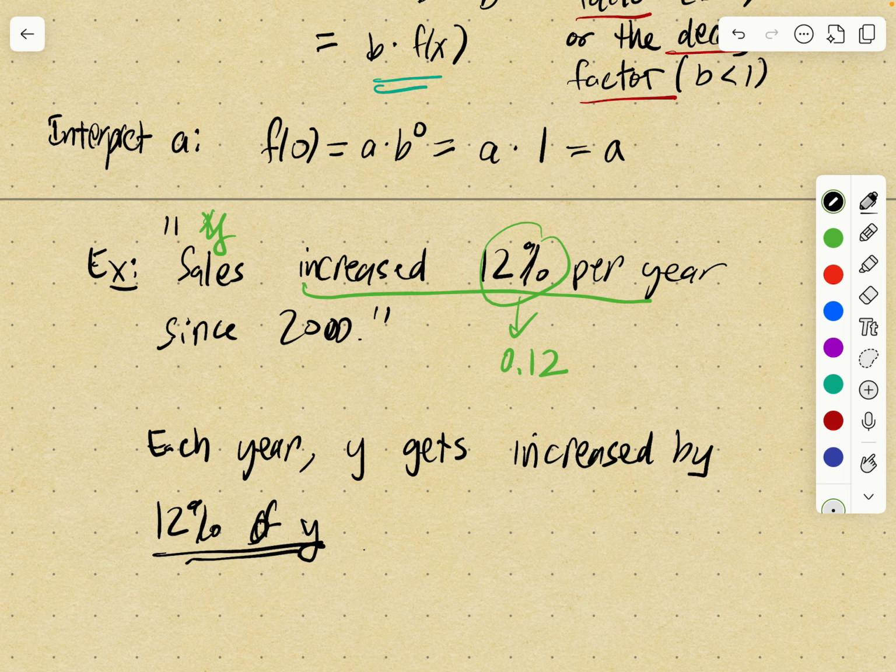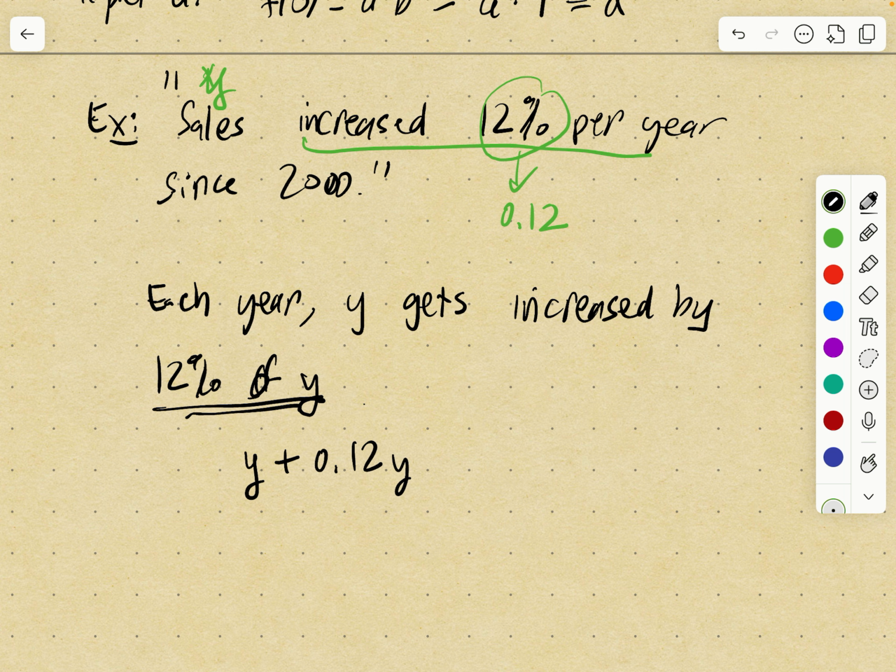Not the number 12%, it means 12% of the value. So you start with y and then you increase by 12% of y. Well, 12% of y is 0.12y, right? And so you get 1.12y.